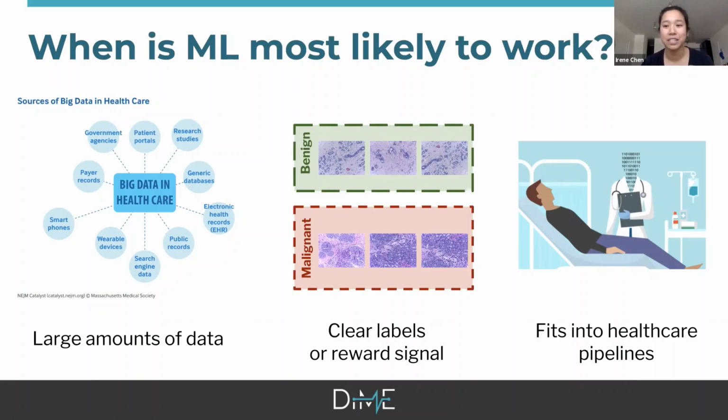All of this data is only helpful, though, so now we're in the middle, if we have a notion of labels or reward signals for the problem that we are trying to solve. For example, when predicting from a histology slide of breast tissue whether or not that breast tissue will be benign or malignant, the machine learning algorithm needs previously labeled data from other breast tissue slides.